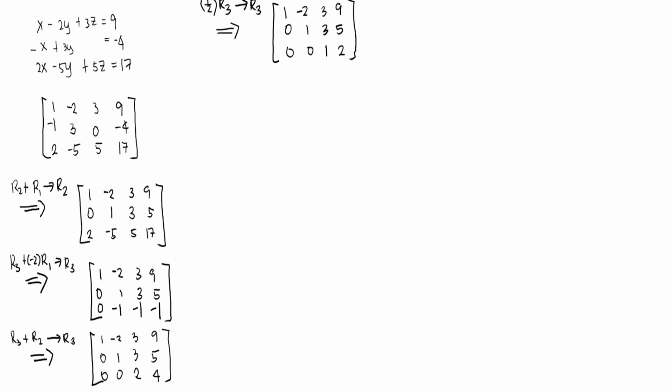Note that we can write the corresponding system to this new matrix. So this column represents the x, we have the y, the z, and this one is for the constant term.